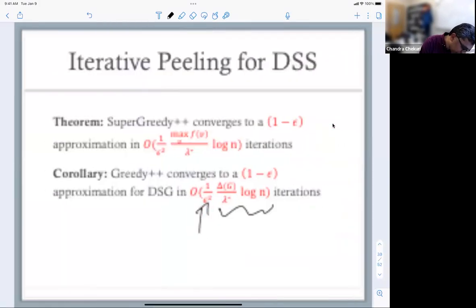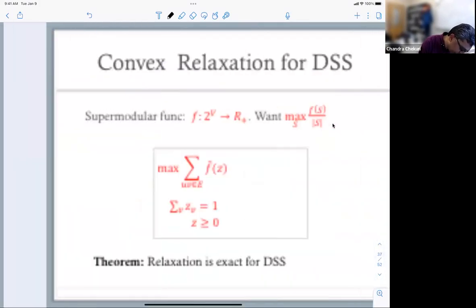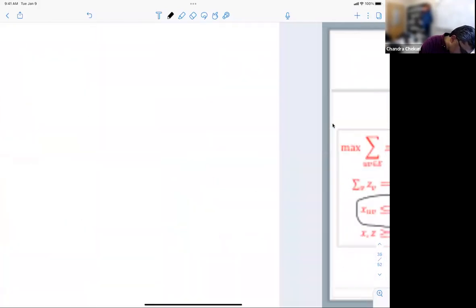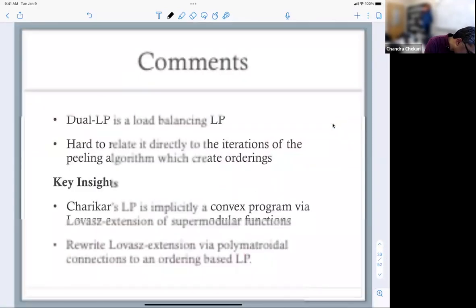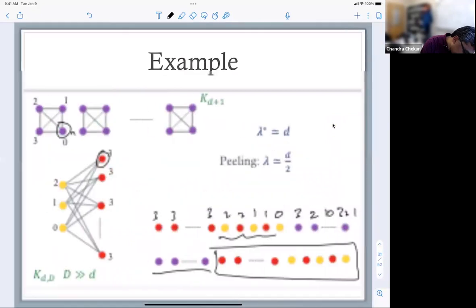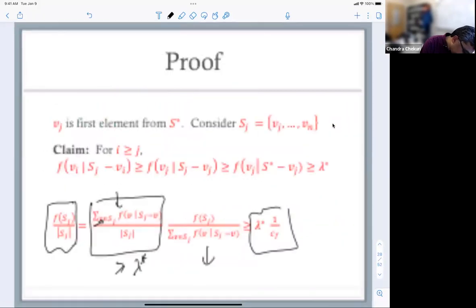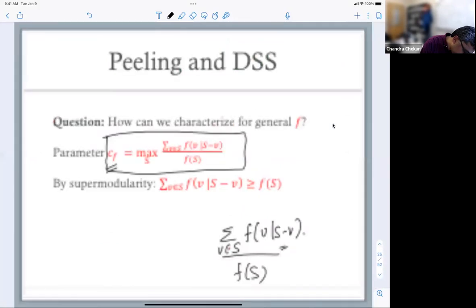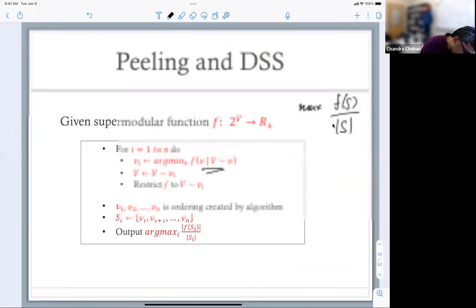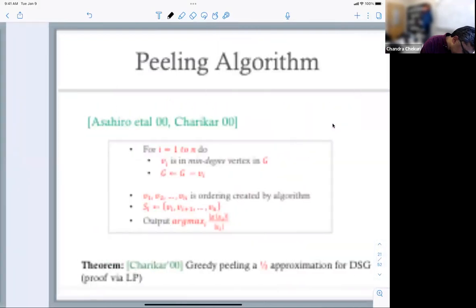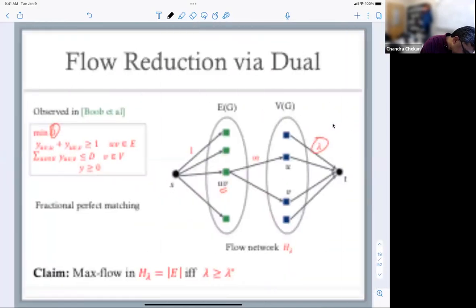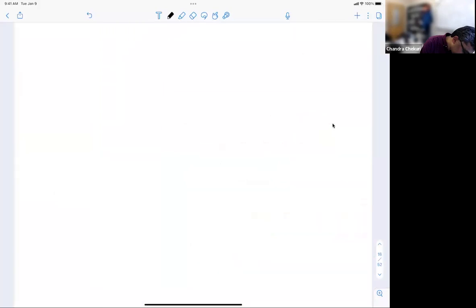is a reason why they came up with this algorithm, and that is if you look at the dual of the LP. Yeah.